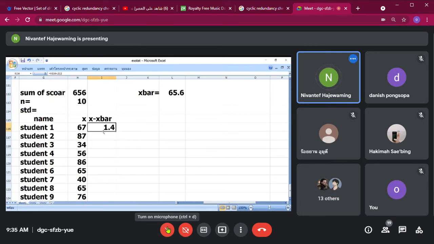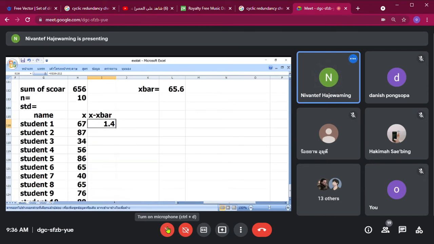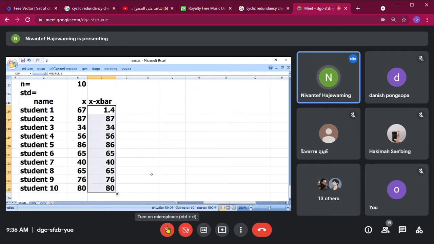Okay, this is X bar. X minus X bar means 67 minus 65.6, you get 1.4. Then number 2 means 87 minus 65.6. What do you get? You can do it with your calculator.